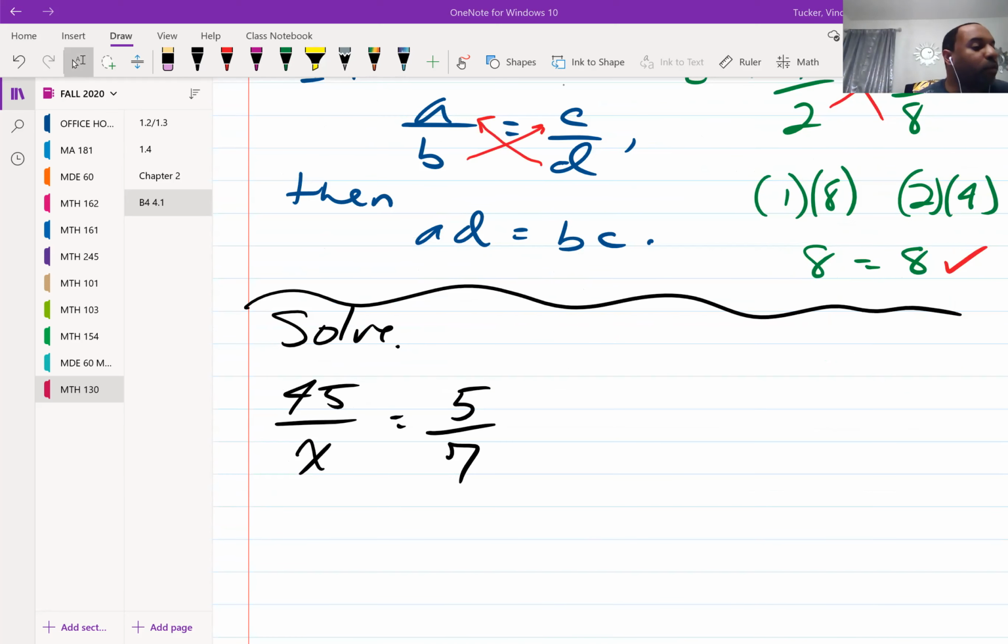So if I have 45 over x equal to 5 over 7, and I wanted to solve, I would use the cross product relationship, taking my denominators up.